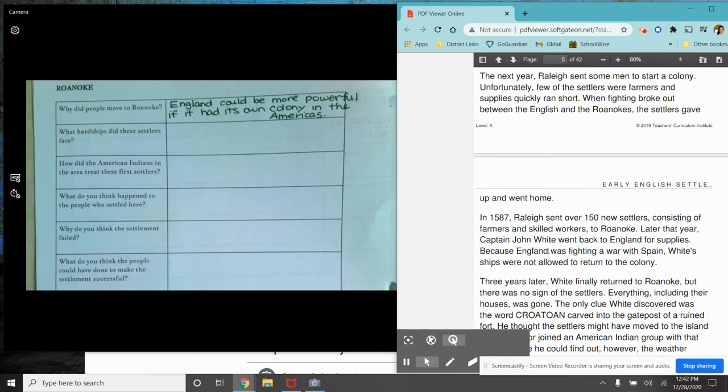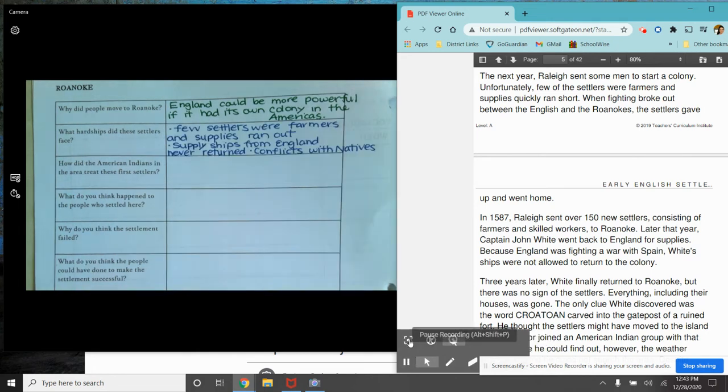And another hardship would be that because England was fighting a war with Spain, the supply ships were not allowed to return to the colony. So I think those three pieces right there would be our hardships for the Roanoke colony. So we have few settlers were farmers and supplies ran out. Supply ships from England never returned and conflicts with the natives.